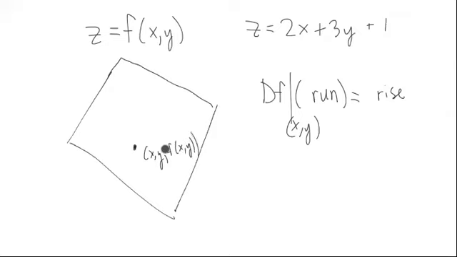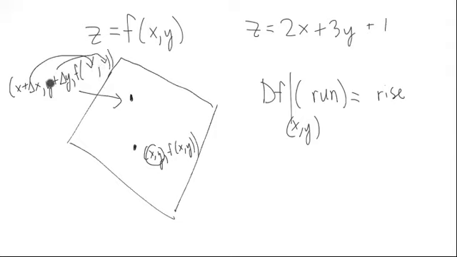Then we go to another point right here, where we changed our run, our input, by just a little bit. So x plus change of x, so we've changed it a little bit, y we've changed a little bit. And then we have f of whatever these are, there and there. So we're on the surface, but x and y have changed a little bit.